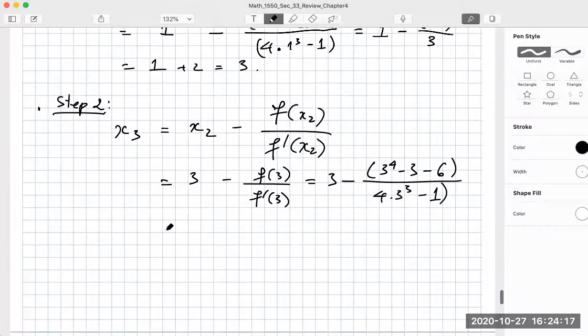Oh, interesting. It's a big number. It would be 3 minus 3 to the 4th, then minus 3 minus 6, which gives us 72. The denominator here would be 107.